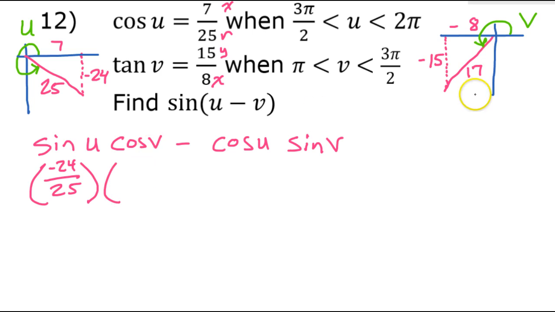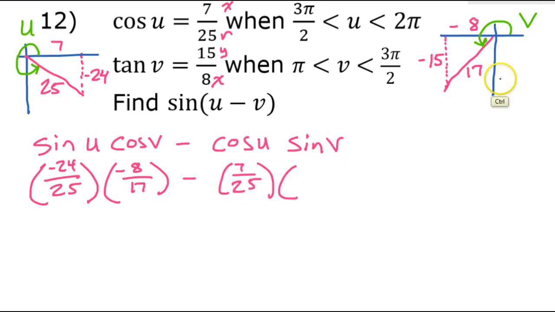Cosine of v, that's x over r, so that's negative 8 over 17. Cosine of u, x over r, so that's 7 over 25. Sine of v, that's y over r, so negative 15 over 17.